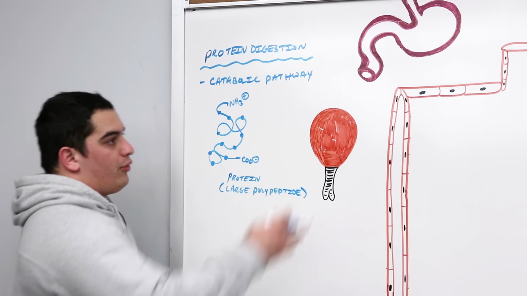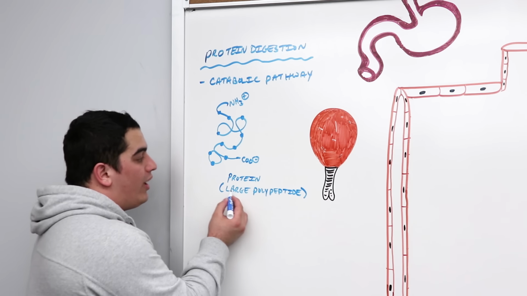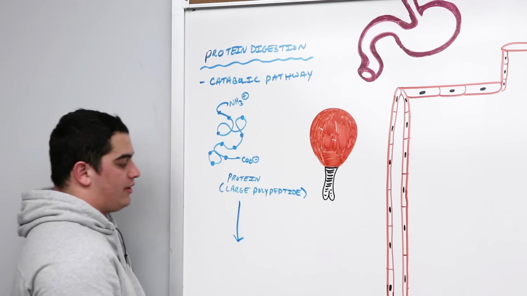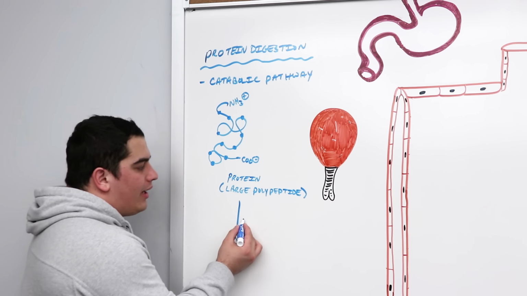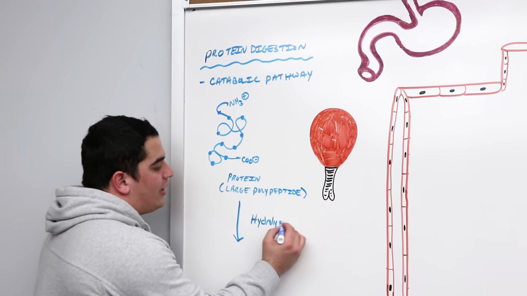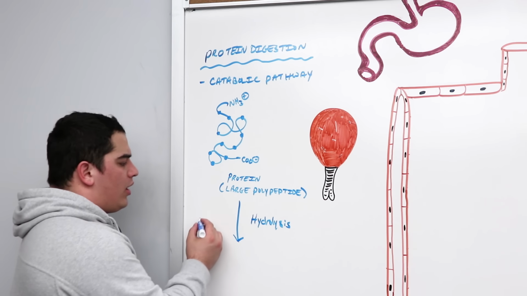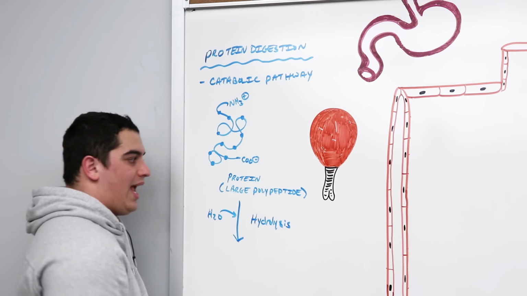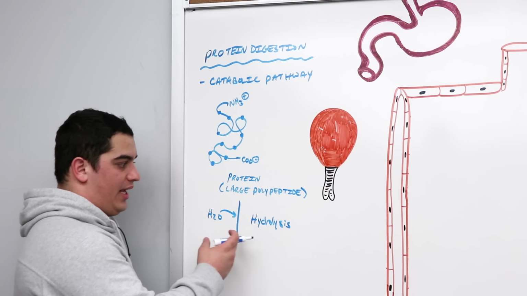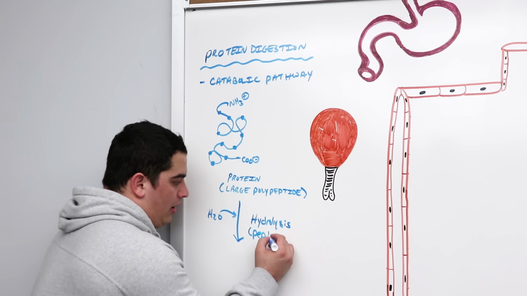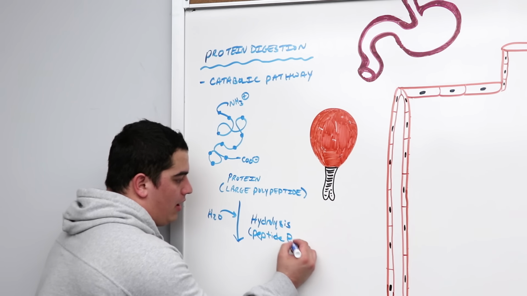What we want to do throughout this process is break down this protein into its constituent units, and we're going to do it through a mechanism which we call hydrolysis. What does that mean? It means you're adding water into the reaction to break the bonds. In this case, you're breaking peptide bonds, so it's the hydrolysis of peptide bonds.